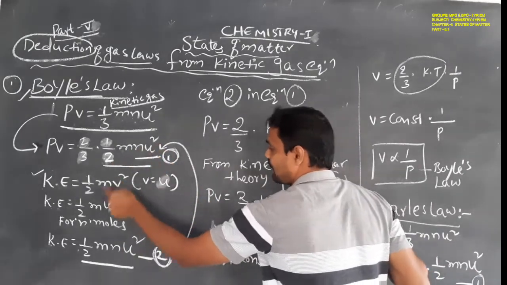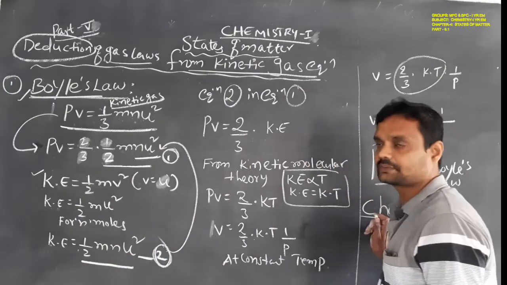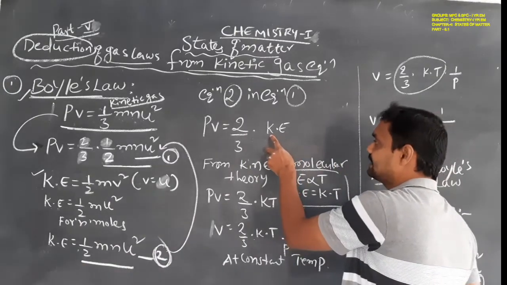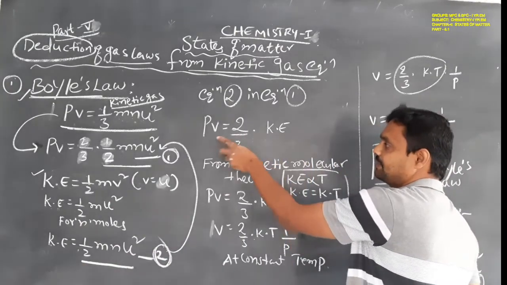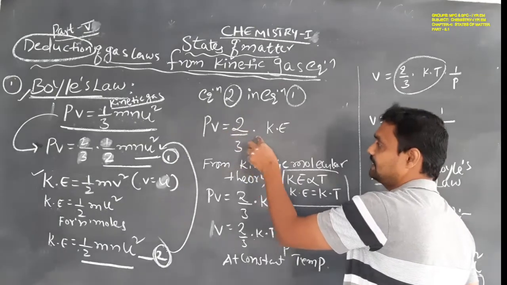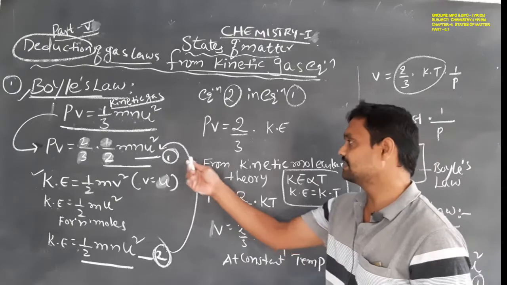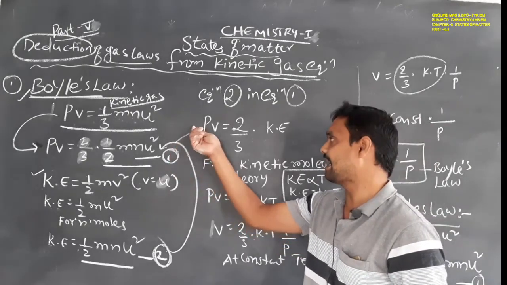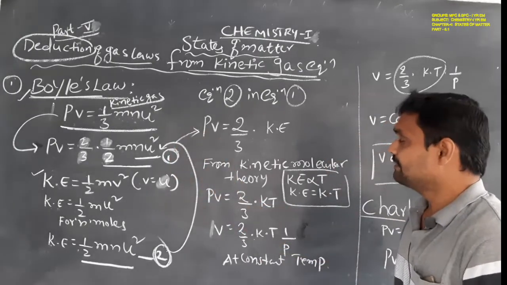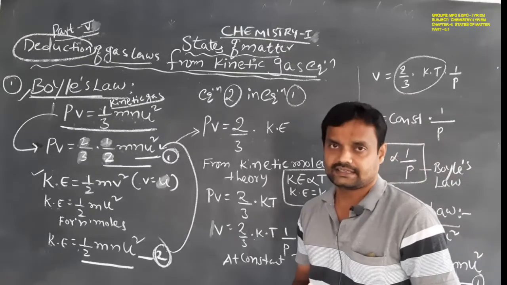In place of half mNu square, we substitute the kinetic energy KE. Then PV equals 2 by 3 into KE. So equation 1 changes as PV equals 2 by 3 into KE.